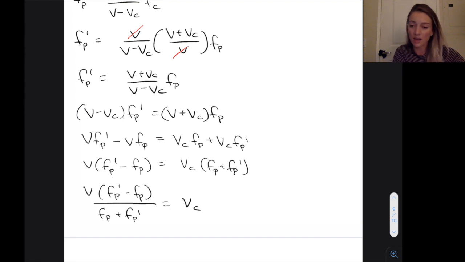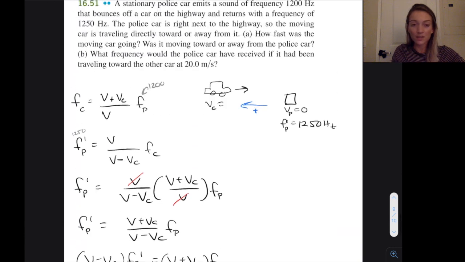Now we can just plug in numbers. For the velocity of sound, we'll plug in 344. For FP prime, remember, this is the frequency that the cop car hears once it's been reflected, so that is the 1250 hertz.